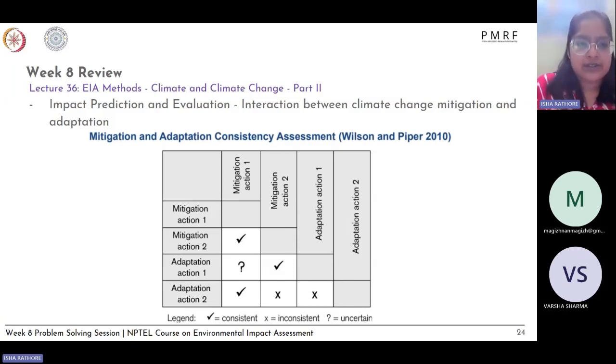The mitigation efforts might deal with different environmental parameters, so they might not interact with each other in a favorable way, and they might be inconsistent with each other. So you assess whether the mitigation efforts you are proposing are working well together with the other mitigation measures you are proposing.